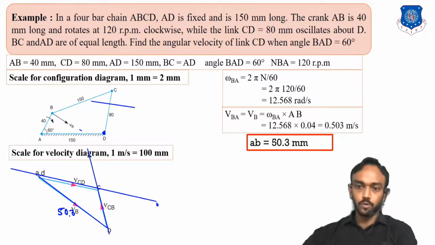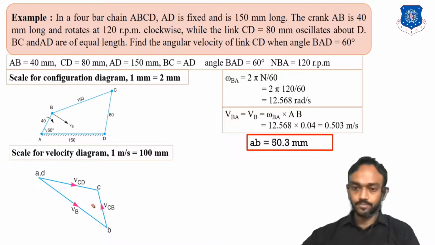You don't know up to which point, but when you intersect these two lines, you know that this is the point C, because the velocity of C with respect to B is this line, and the velocity of C with respect to D is this line. So this intersecting point is point C, and you will erase all the extensions here, and you will get this diagram.